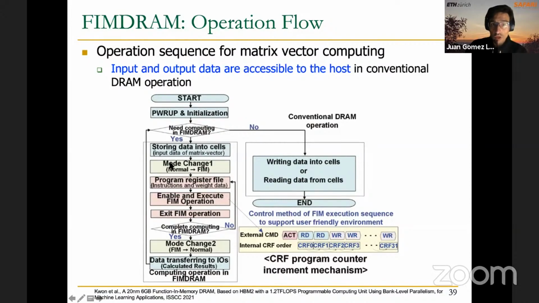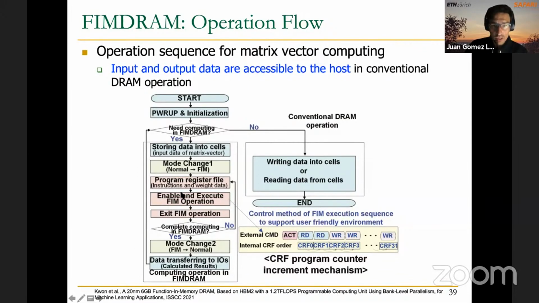We go from the normal operation mode to the processing in memory mode, and then we can start executing instructions. So you can see that first of all, we need to program the register file. We will store the instructions, and we will store the weight data for the filters of the neural networks, and then we start the execution on the PIM units, right?